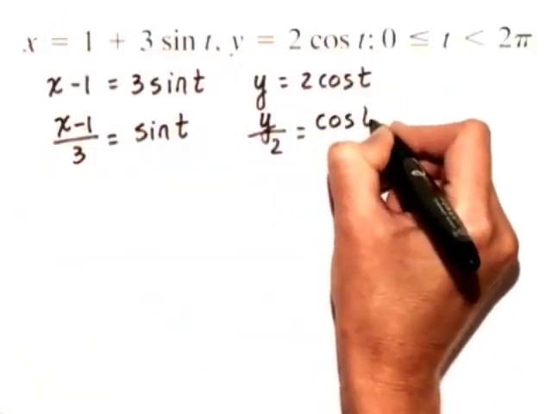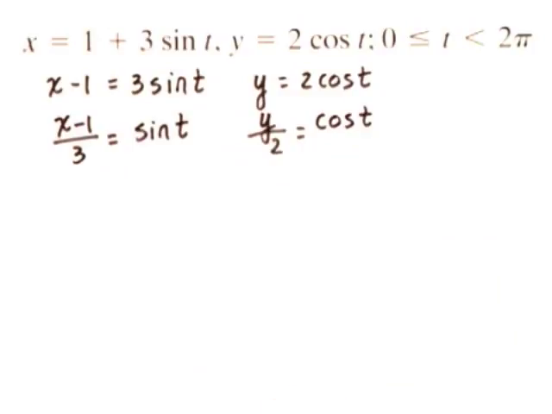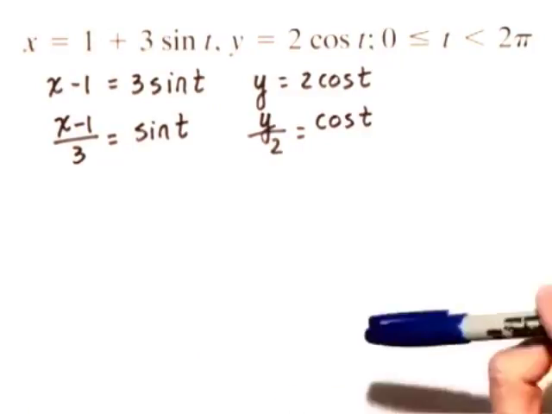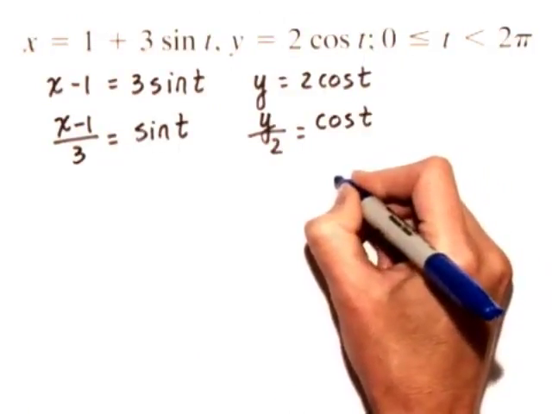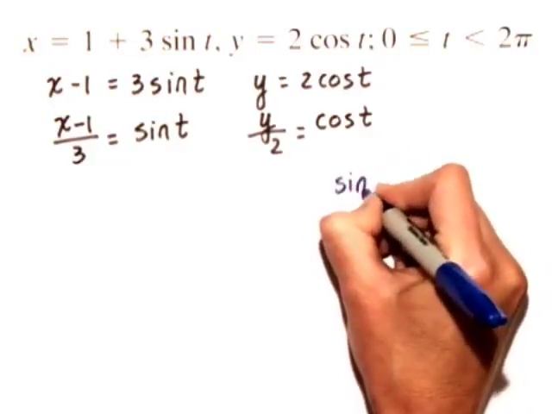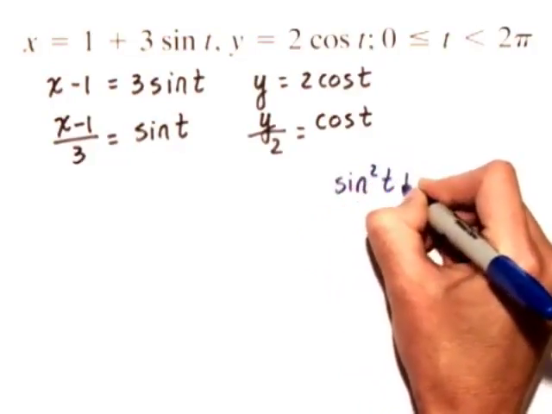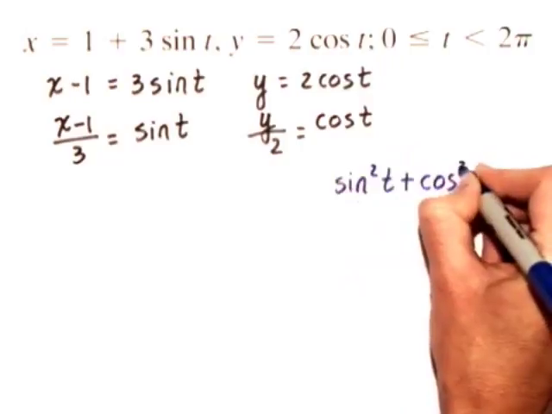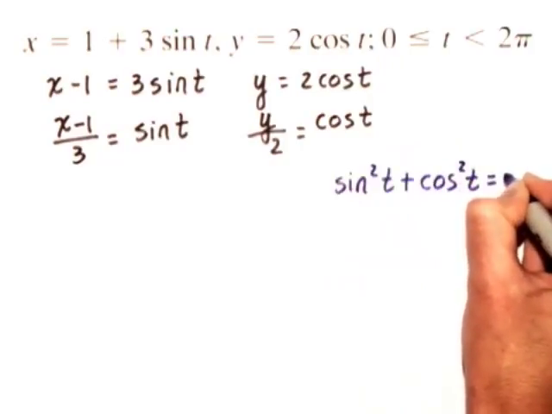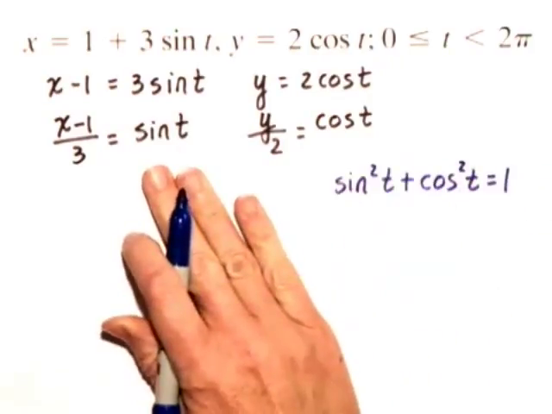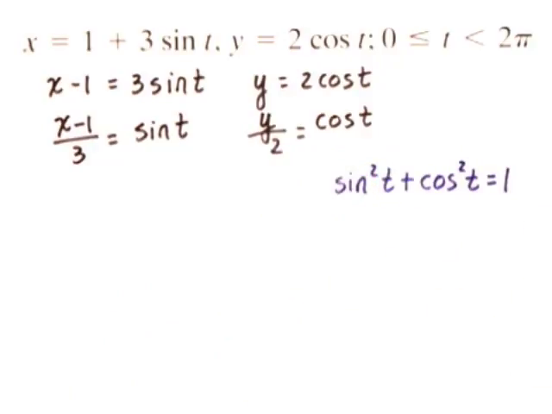equals cosine t. Now, the trick that I'll be using is the trigonometric identity that says sine squared t plus cosine squared t is equal to 1. But I don't have sine squared t or cosine squared t yet.